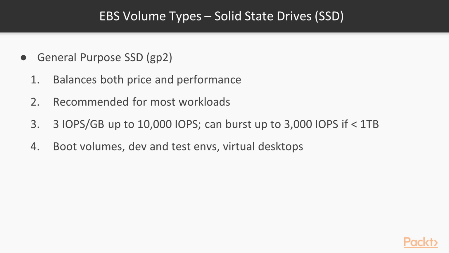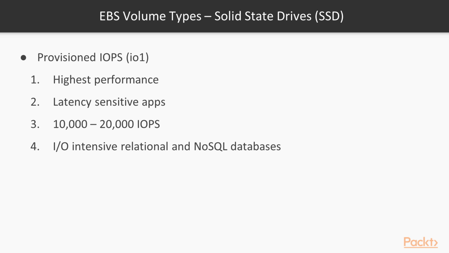It can burst up to 3,000 IOPS if you have less than 1 terabyte of storage. And a few examples for general purpose SSD are boot volumes, dev and test environments, and virtual desktops.